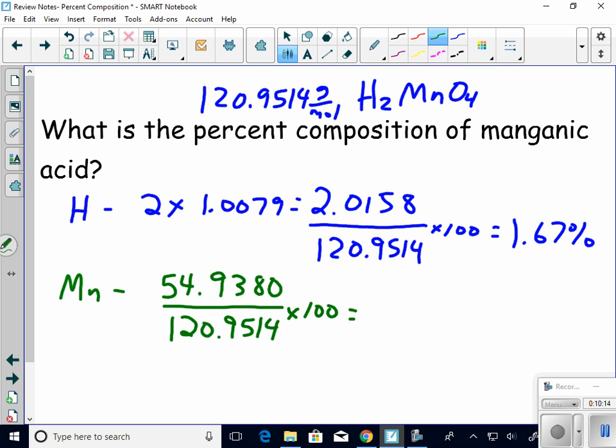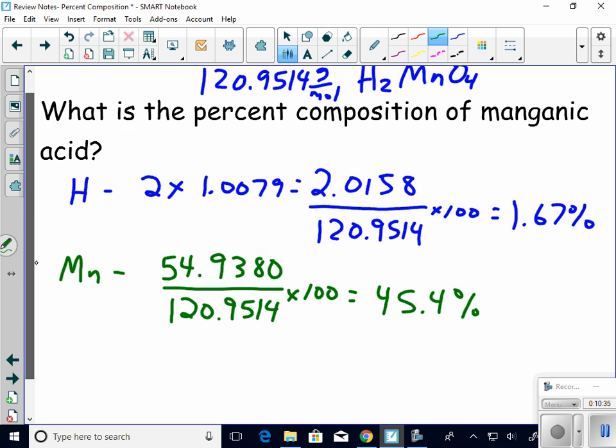So when I do my math, I'm going to get 45.4% of that compound is manganese.